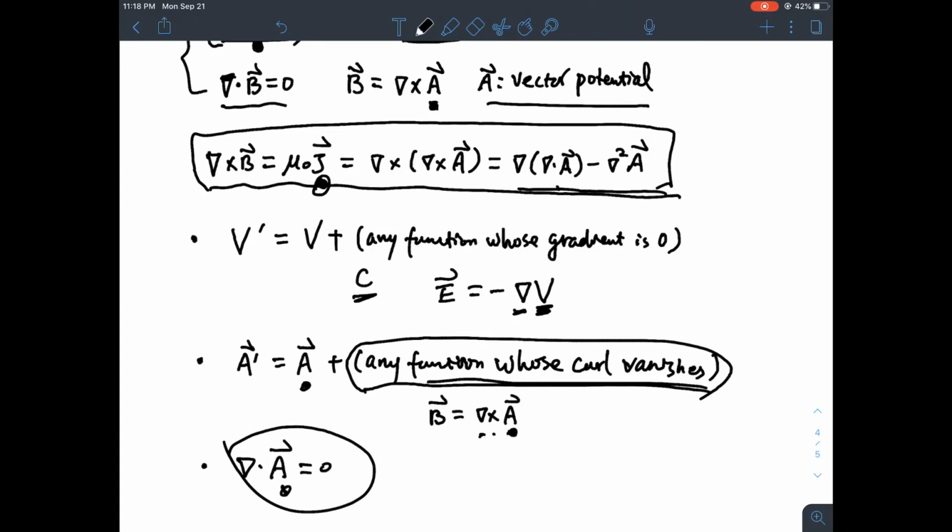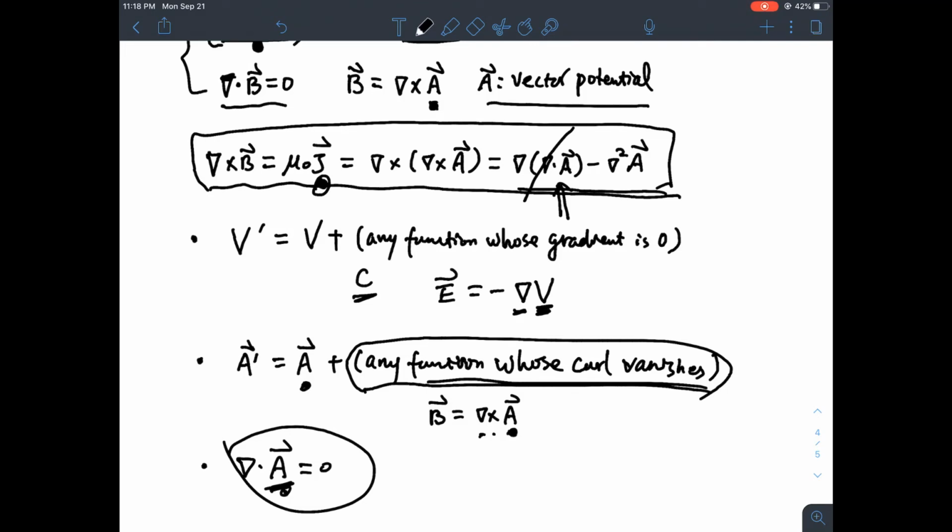The reason we do that is, if we make the divergence of A equal to 0, then this term just becomes 0, so our equation is greatly simplified. We have the freedom to choose this A so that it becomes 0.